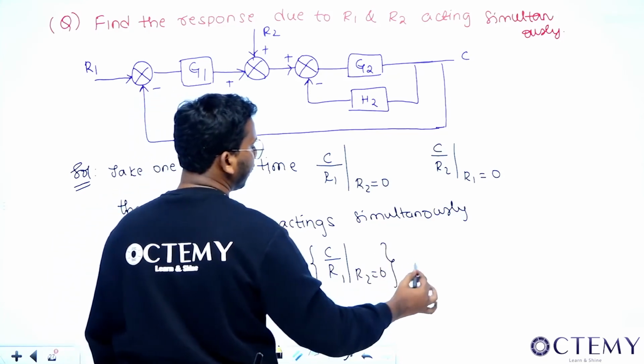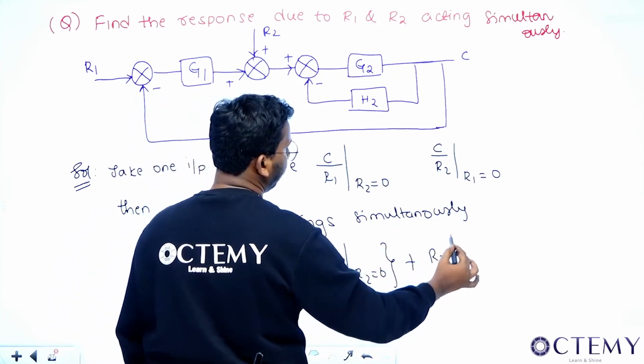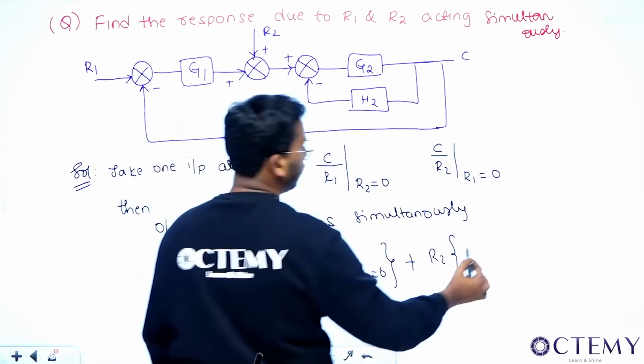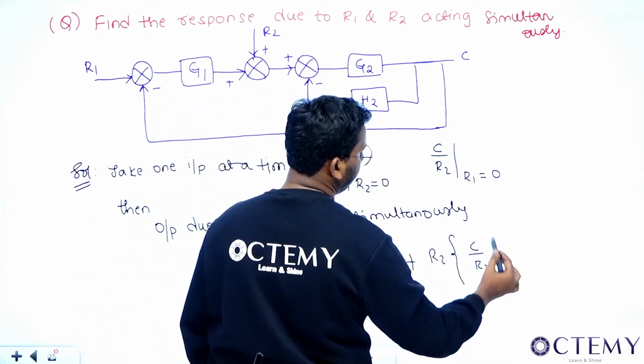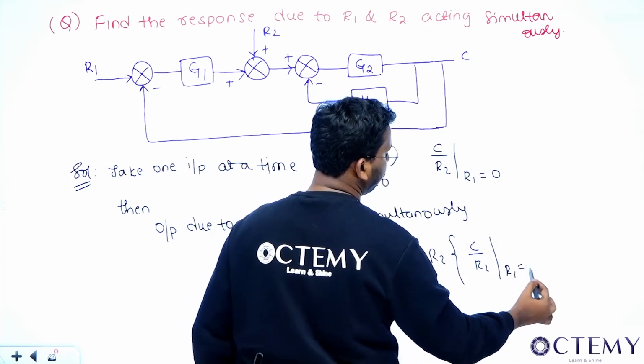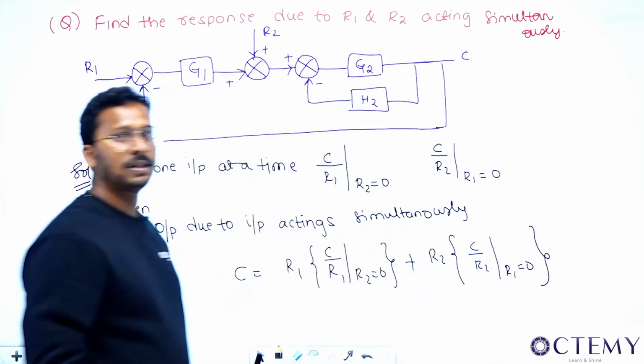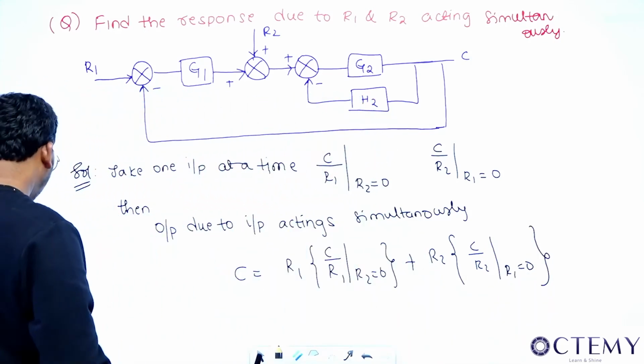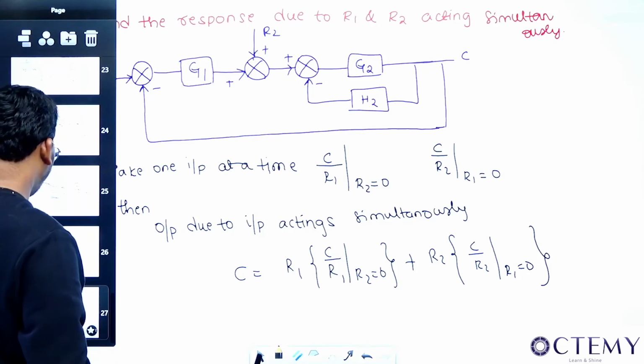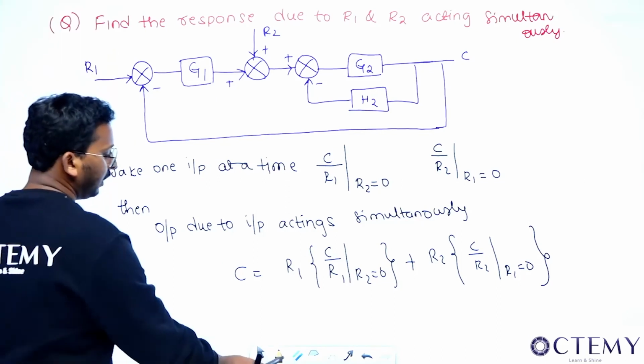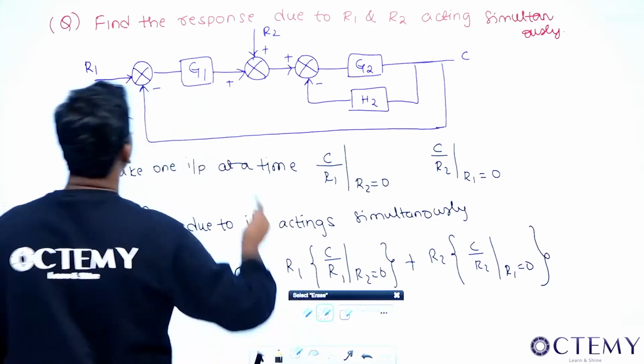This is the formula sir, plus R2 into C by R2 with R1 equal to 0, right? This is how you get the answer, right? So let us apply this, sir, now. If we want to apply this, see, sir, what will happen? Let me rub this now.